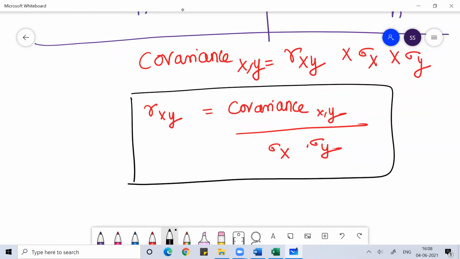This is the relation between r, covariance and standard deviation. Remember this. Any doubt?